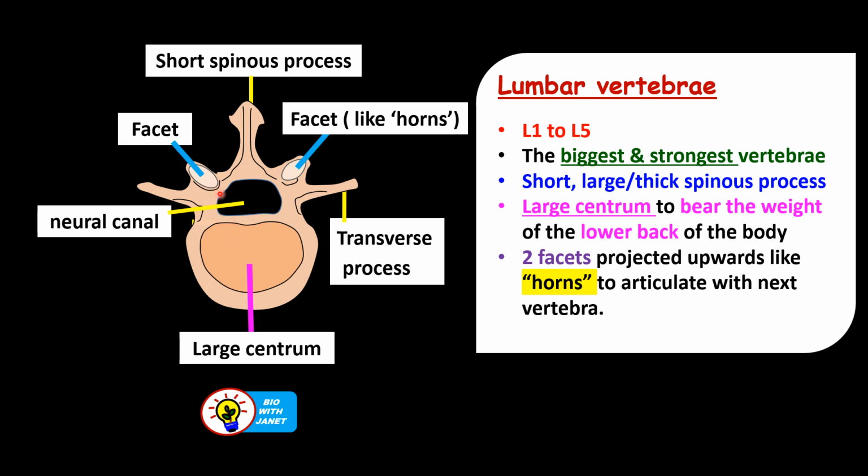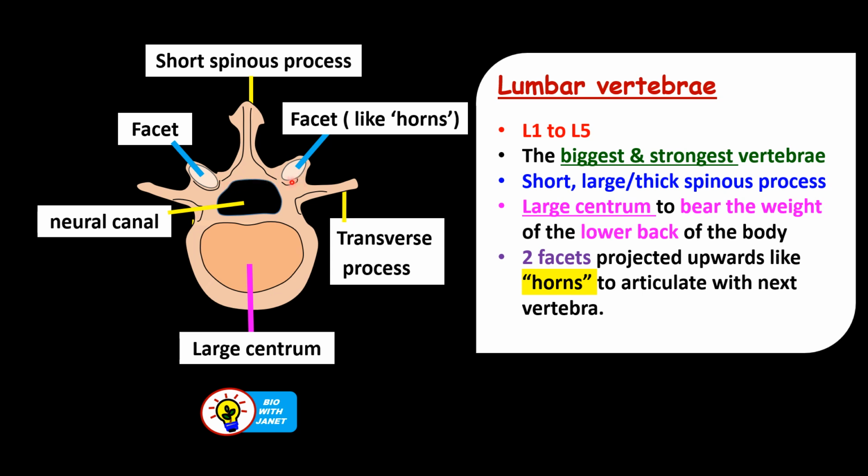Lumbar vertebrae have the largest centrum, and one important characteristic that helps you to identify lumbar vertebrae are the facets, which articulate with other vertebrae. The facets look like horns that stand upwards, upright, raised up a bit, compared to the other vertebrae which still have facets but not in this position.